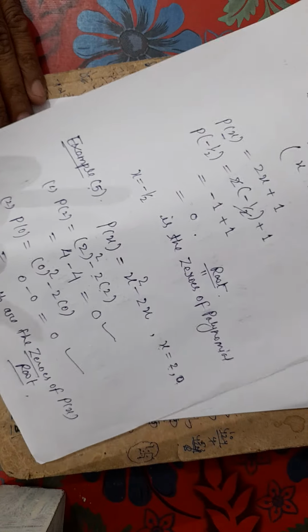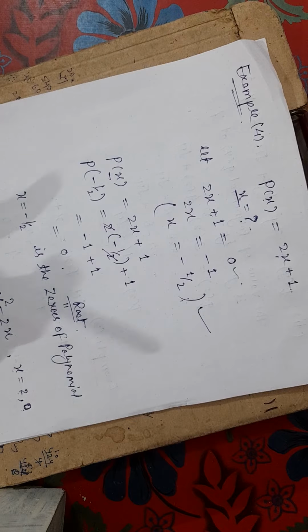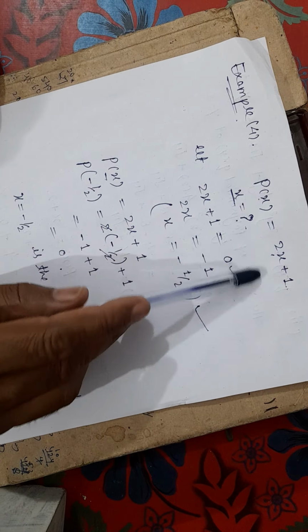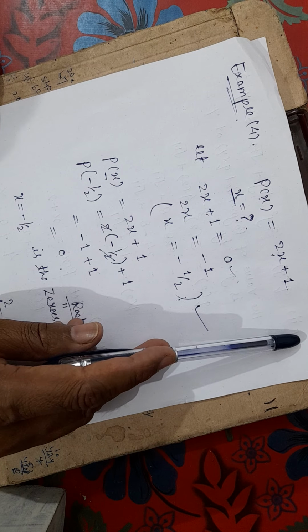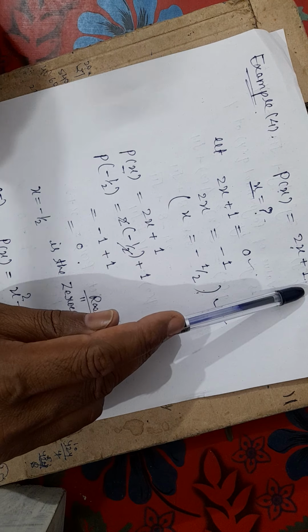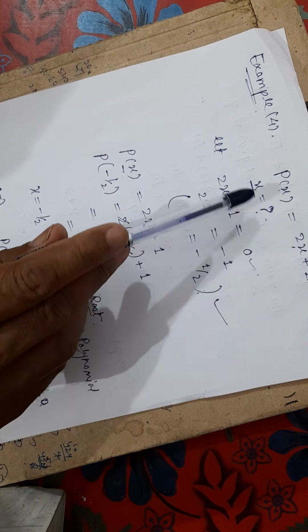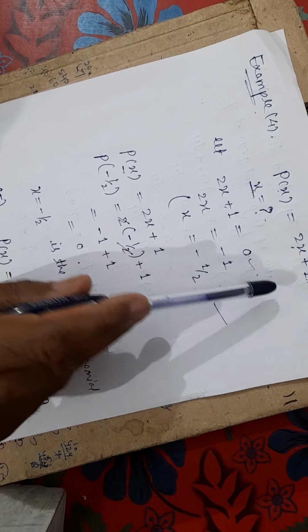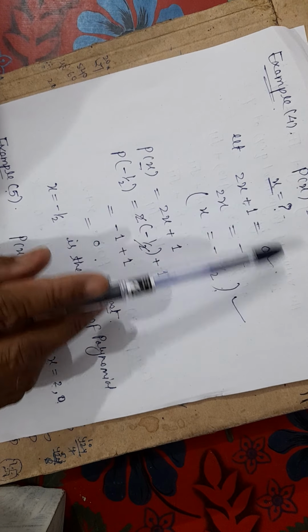Then in the next example, how will you find the zero of the polynomial by solving the equation? We solve the equation because we cannot find it easily when the polynomial has more than 6 or 7 terms; there we will find difficulty. So we solve that equation, and after solving we get a value of the variable, and that value must be the zero of the polynomial.